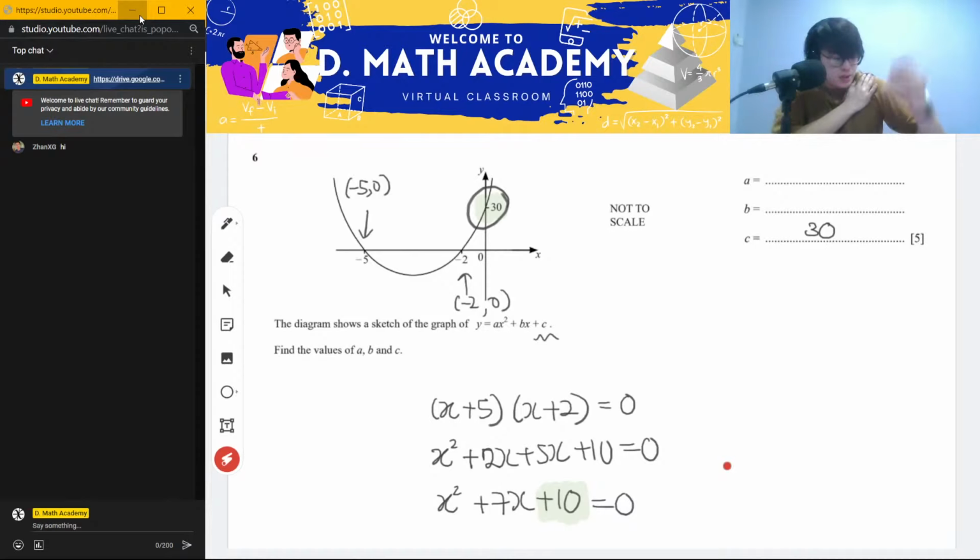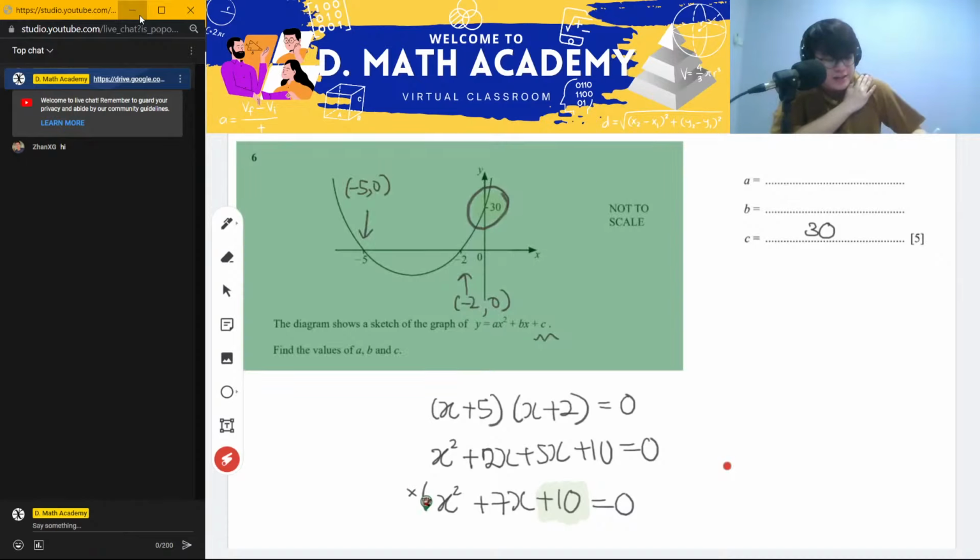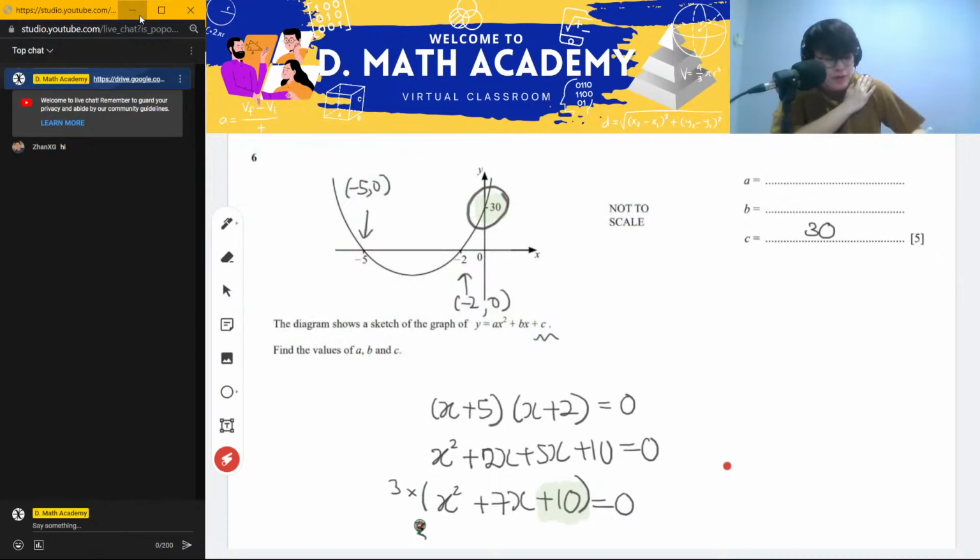Multiply it by 3, which means the entire thing must be multiplied by 3. So you end up with 3x squared plus 21x plus 30 equals to 0. So your a here will be the 3 at the front, and then 21. That's how you end up with your results here.